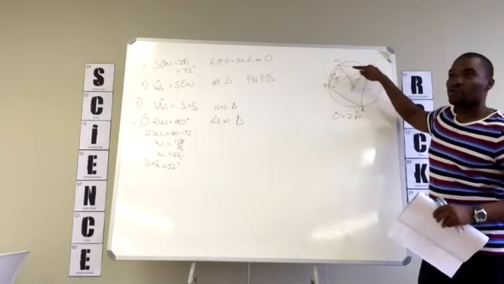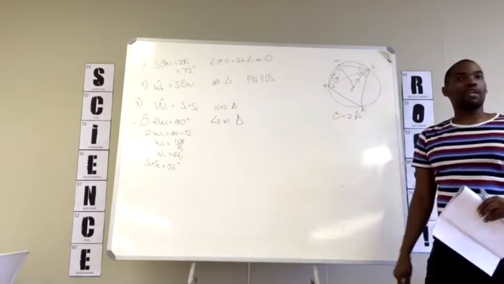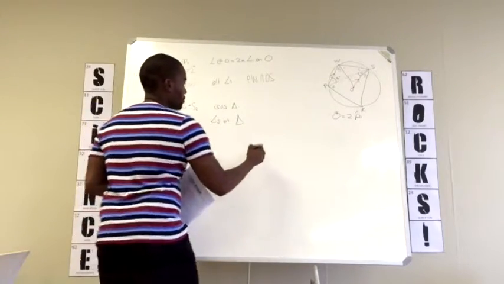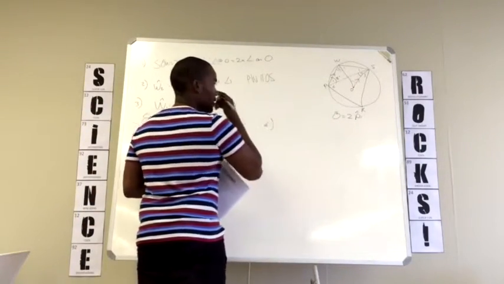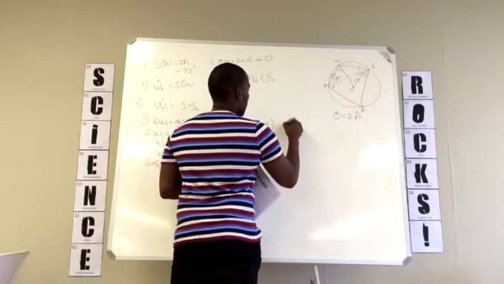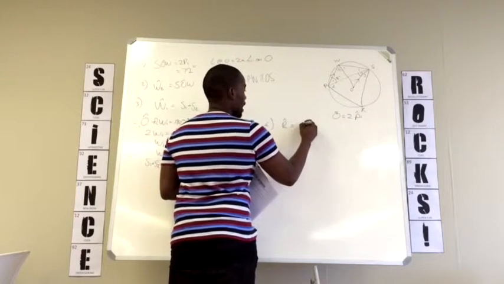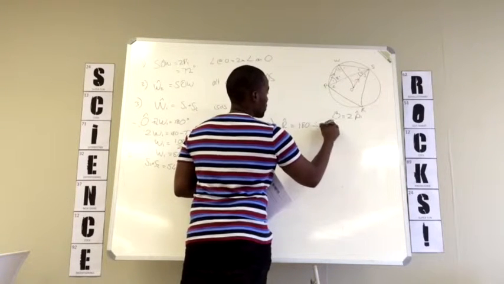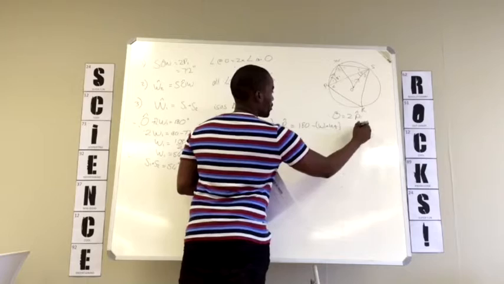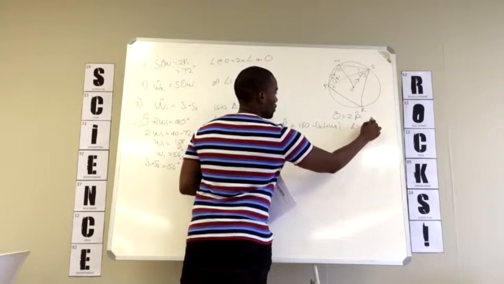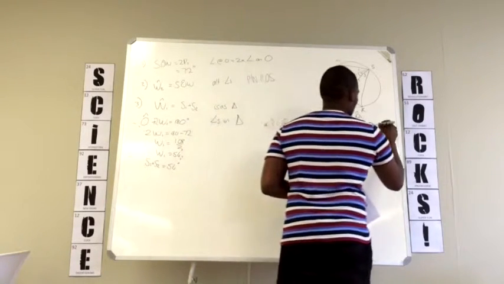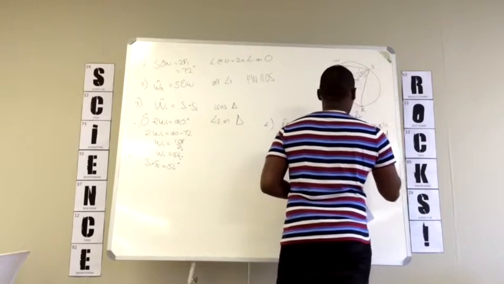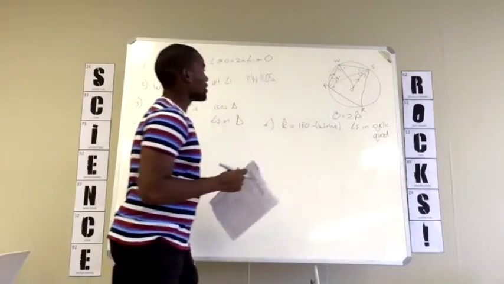We can use opposite angles of a cyclic quadrilateral. Yes? So then we can simply say, I'm going to do number 4 right here. We can simply say that angle R is equal to 180 minus angle W1 plus W2, because angles in the cyclic quad. Okay, then we can simply just work it out.